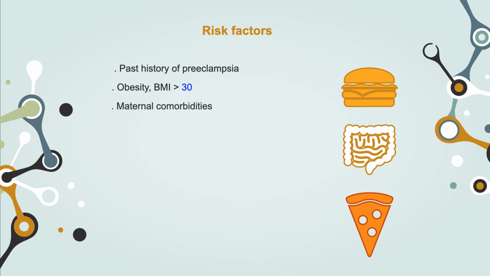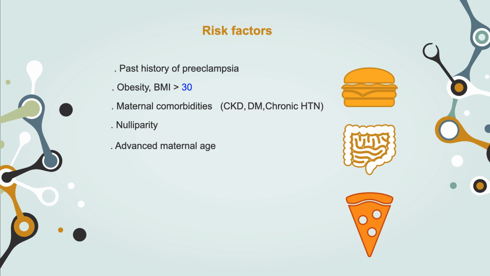And remember, maternal comorbidities are also risk factors. These include CKD, diabetes, chronic hypertension, and we know that these fast foods are also risk factors for diabetes and chronic hypertension. Then nulliparity, so if this is the first pregnancy, it's also at risk. Then advanced maternal age, if the maternal age is greater than 35, so pay attention to the age of the patient in the vignette.